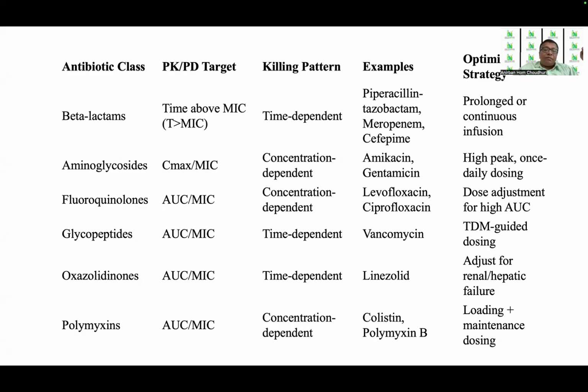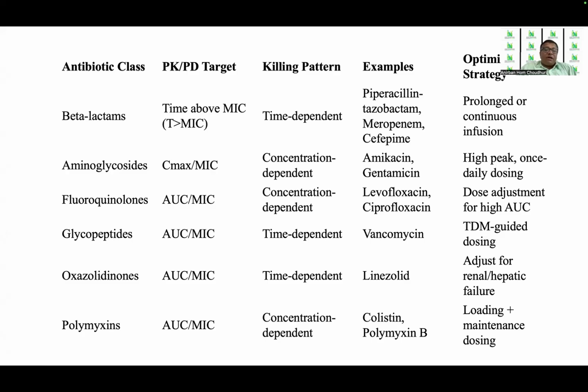Aminoglycosides are concentration dependent, whose PKPD target is achieving the Cmax by MIC, and they require high peak once-daily dosing. Fluoroquinolones, glycopeptides, and oxazolidinones like linezolid all have area under curve over MIC as a target. Some of them are concentration dependent, like the fluoroquinolones and the polymyxins.